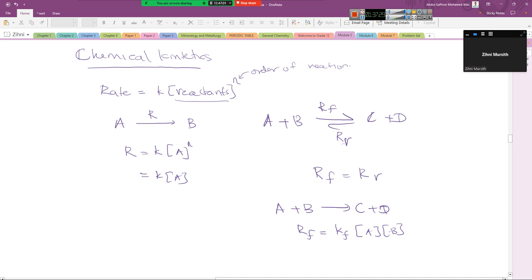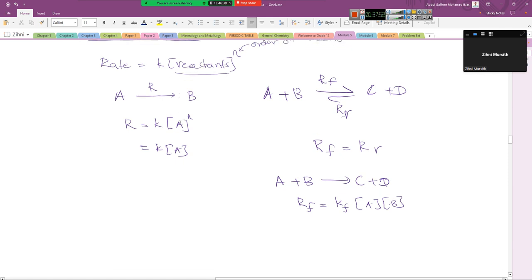Now if we have more than one reactant, we have to multiply each concentration. We should have already studied chemical kinetics in order to thoroughly understand it, but anyhow, I will try my level best to explain this, right?